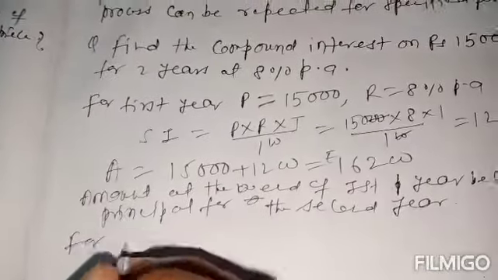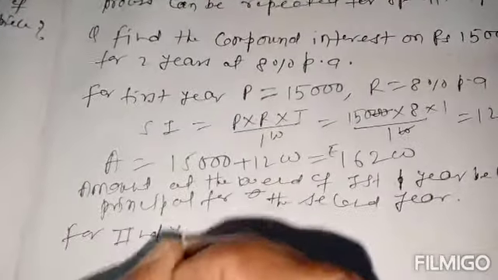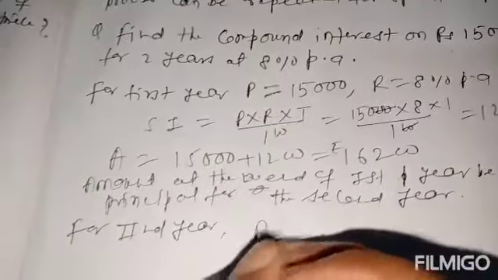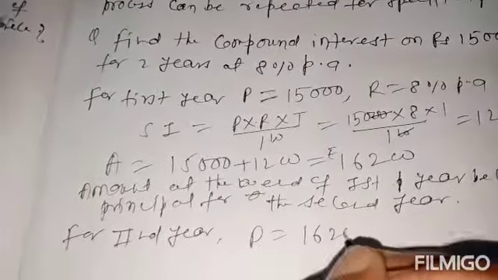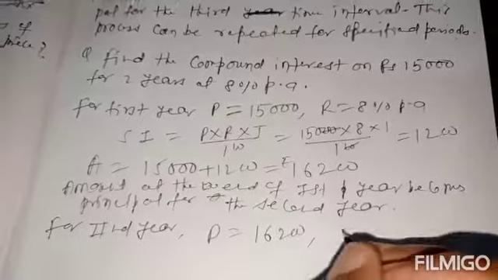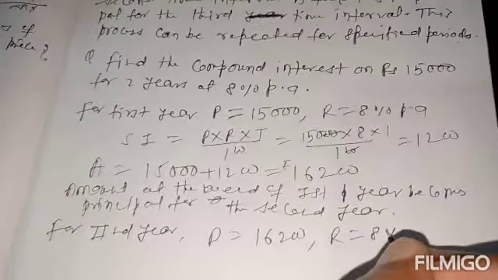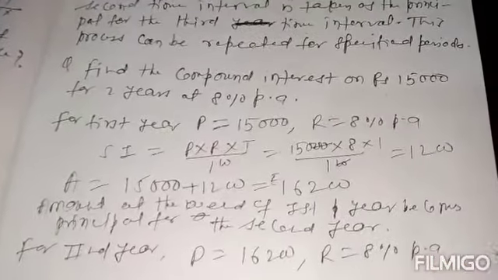For the second year, principal is now 16,200, and rate is already given, 8% per annum, and time is 1 year.